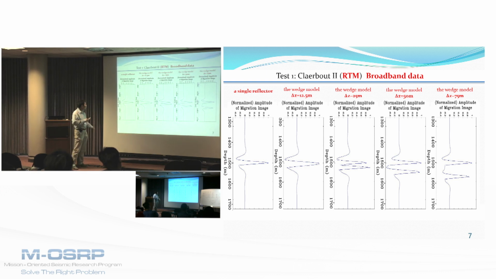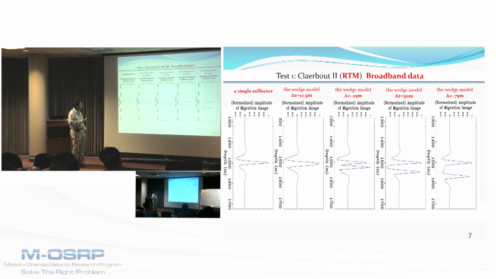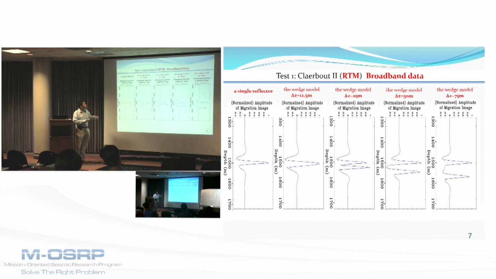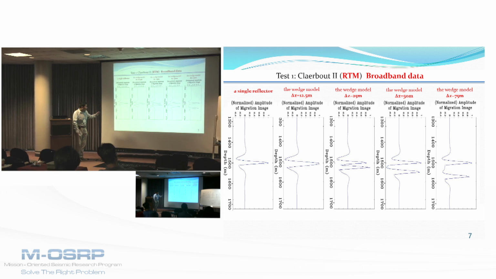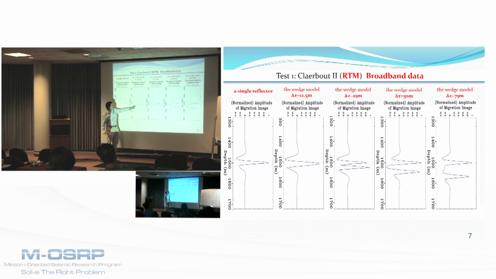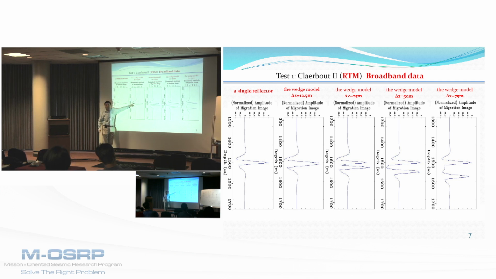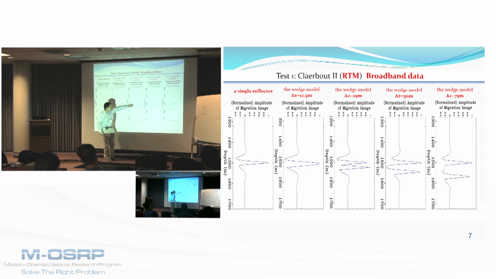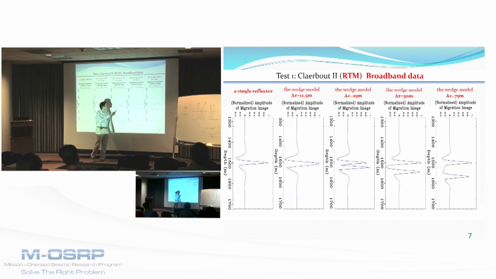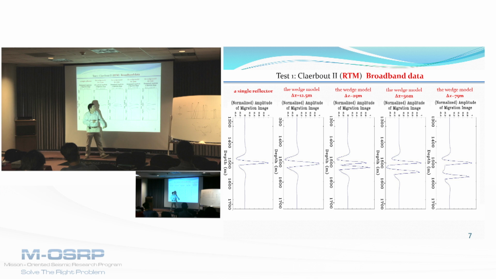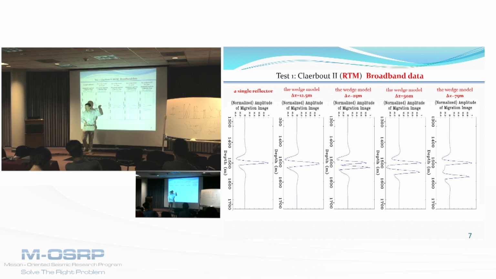The first panel is the image for one reflector only, and the others are for gaps between two reflectors of 12.5 meters, 25 meters, 50 meters, and 75 meters. At 12.5 meters, we have no way to distinguish that we have two reflectors. It's just one. And for 25, they start to separate from each other. We start to distinguish that we have two, but not completely. For 50 meters, it is clear we have two, and for 75 meters, it's fully separated.